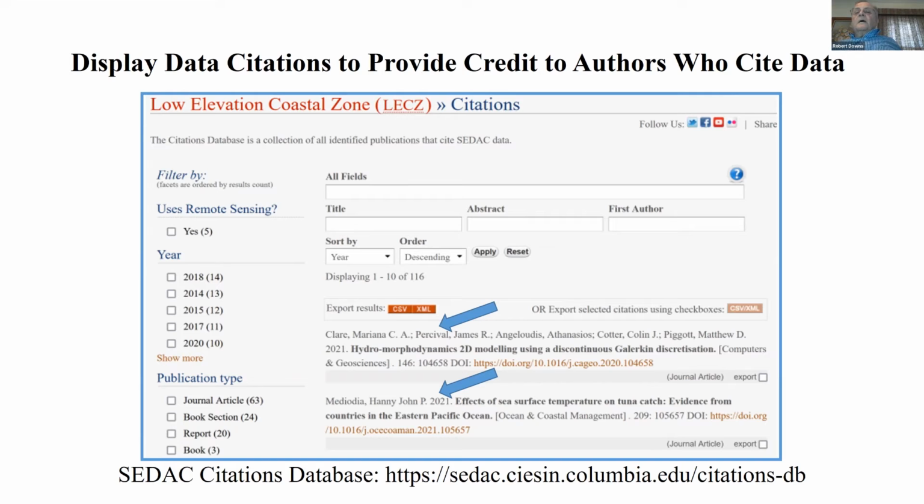So there's a little bit of value to them for citing the data.